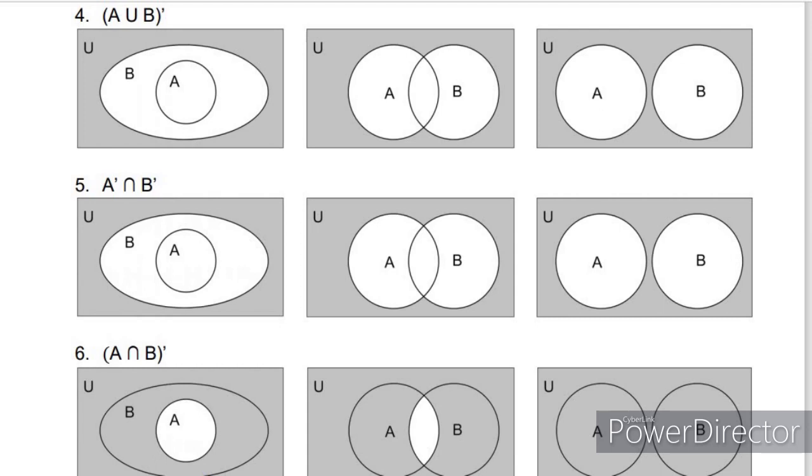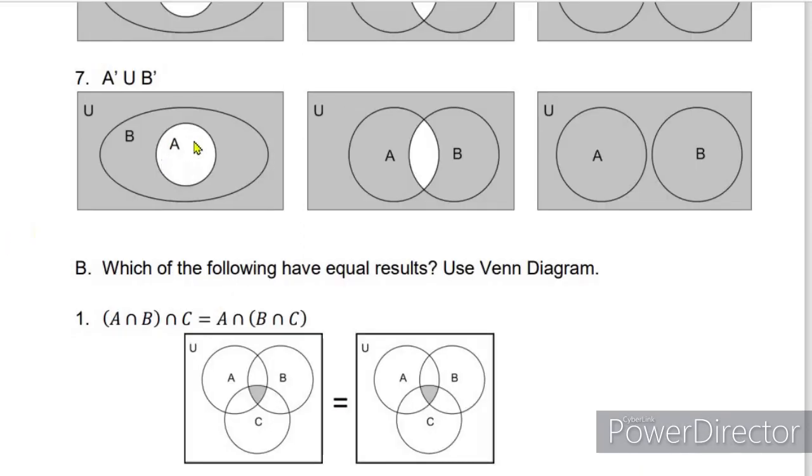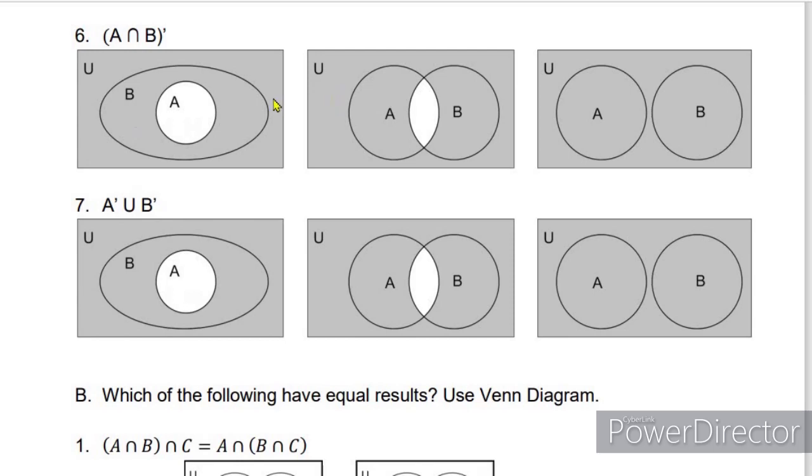That's why set B is shaded also, because we join all the elements that are not in A, which includes B, and all the elements that are not in B. So this is its Venn diagram. Next, number 7 is the same as number 6, because we just distribute the complement sign to each element and we just reverse the given operation. So it is the same.